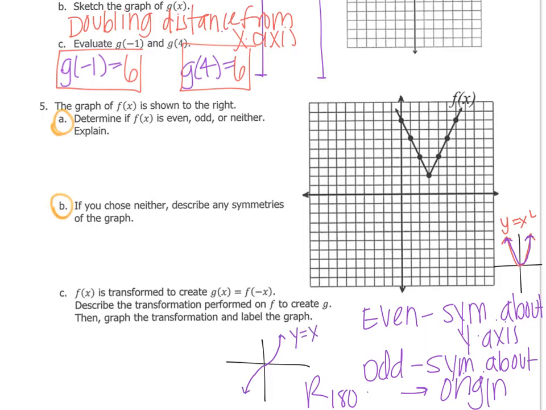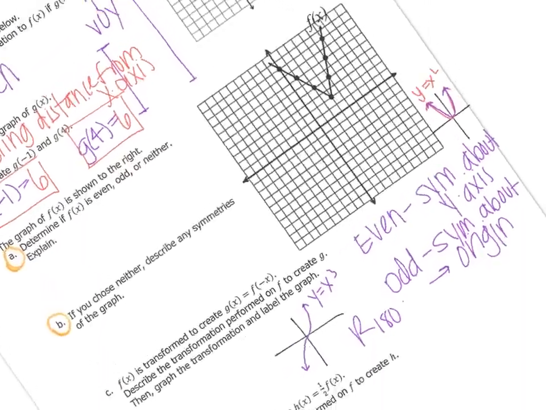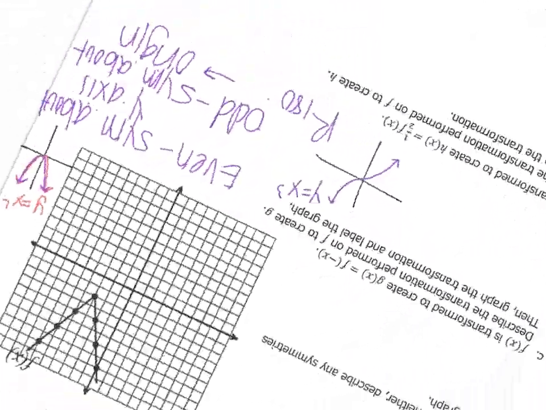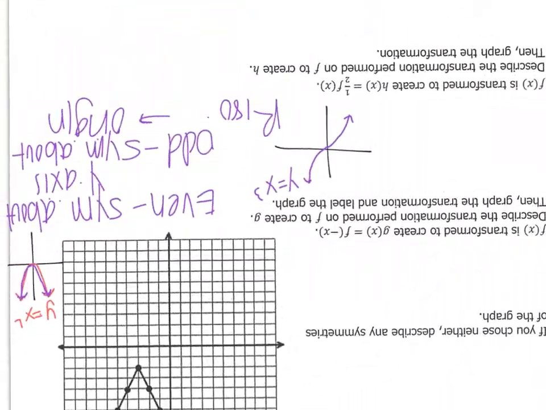Y equals x to the third. Because if I were to rotate that 180 degrees, let me see if I can do it here. 180 degrees shows me the same exact graph that I had just drawn, the little cubic equation.